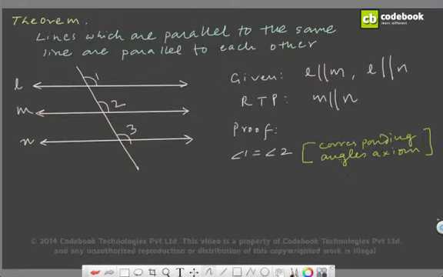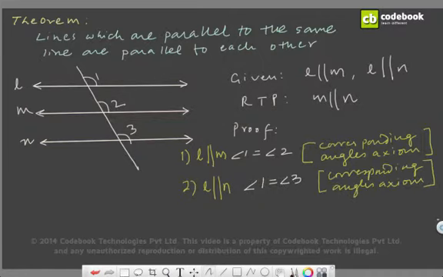This is in the case of L parallel to M. Similarly, in the case of L parallel to N, we can say angle 1 is equal to angle 3 based on the corresponding angles axiom.